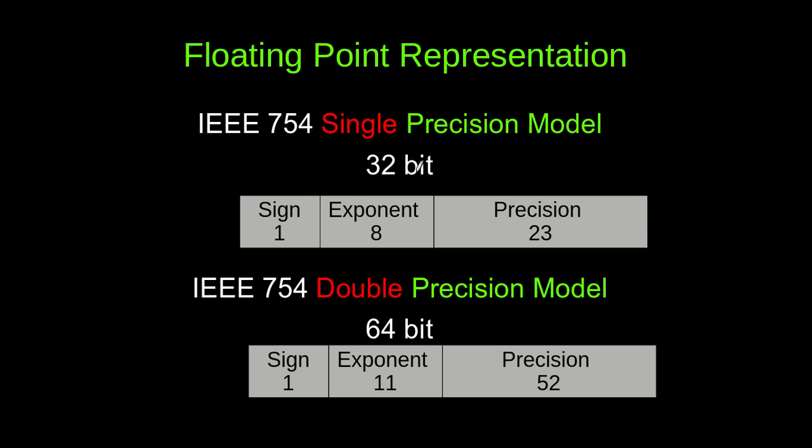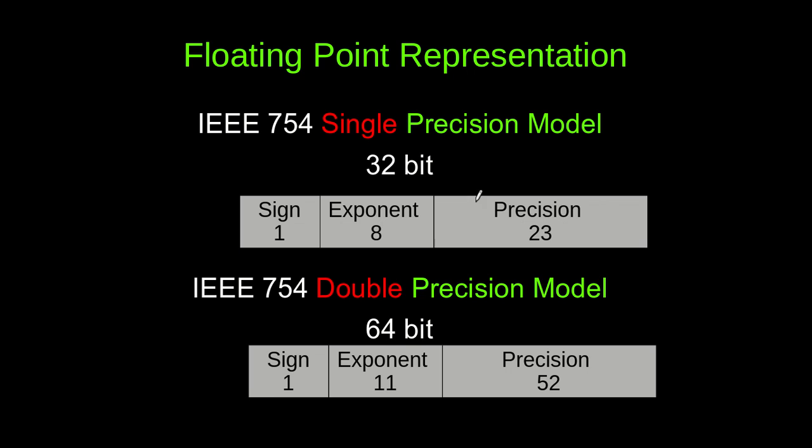So we have 32 bits to represent a single precision. 1 bit is for the sign, negative or positive. 8 bits for the exponent, the 10 to the power whatever we have when we represent it in scientific notation. So this is 9. We have 23 left for the precision.